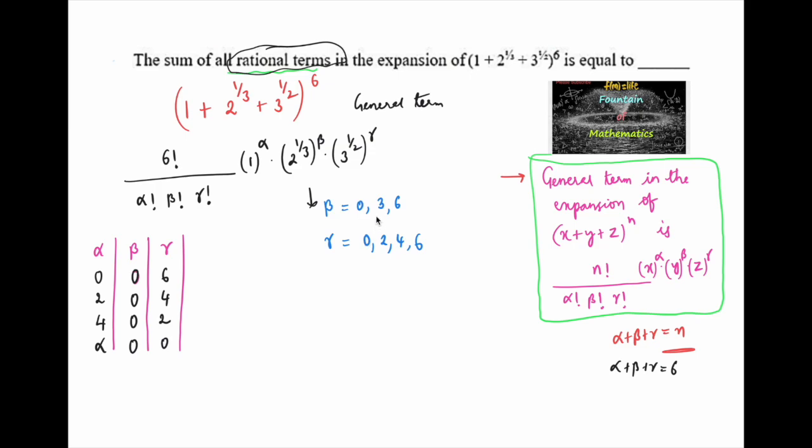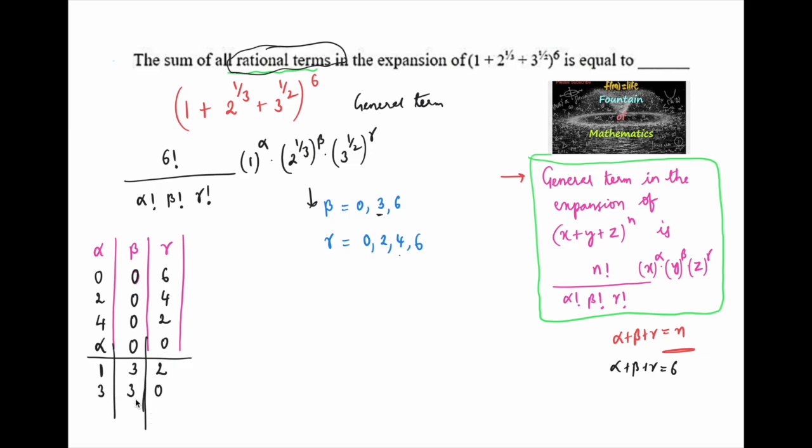Similarly, when β is equal to 3, γ equal to 6 is not possible, and 4 is also not possible. If γ is equal to 2, so (1, 3, 2), here α is equal to 1. Again β is equal to 3, if γ is 0, then α can be taken as 3.